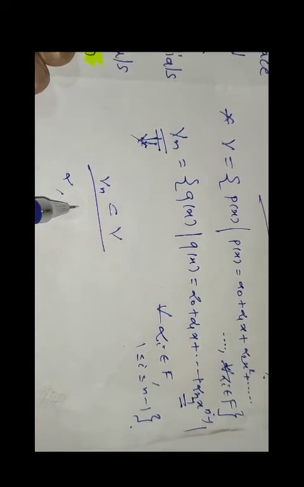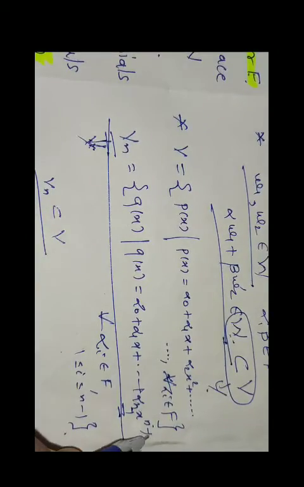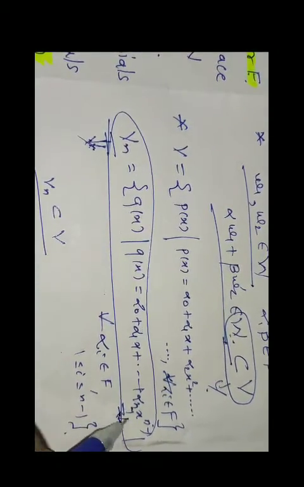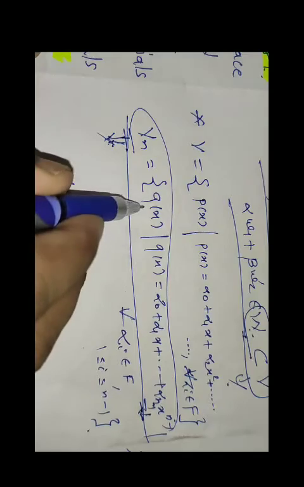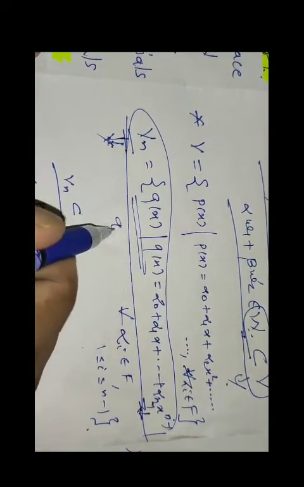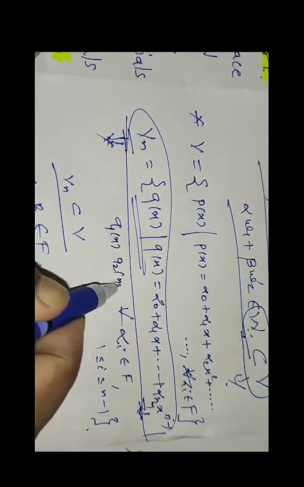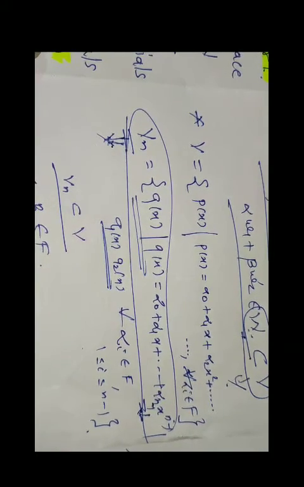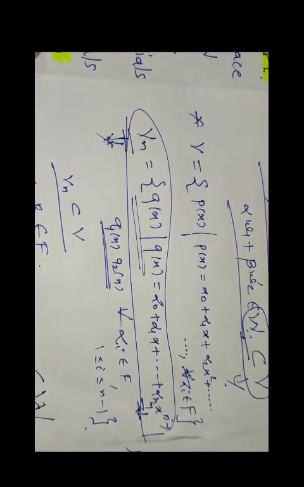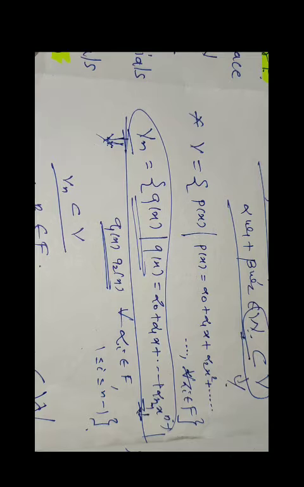You can verify. If we choose any alpha and any beta belonging to field F, and choose any polynomials from this set of polynomials having degree less than n, say Q1 of X and Q2 of X, then alpha times Q1 of X plus beta times Q2 of X is again a polynomial of degree less than n.